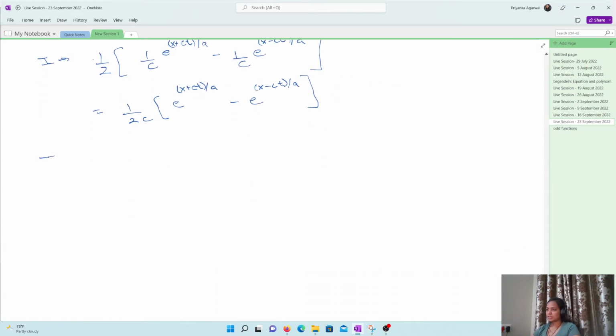And the second case, when x is between minus ct and plus ct, in this case the function will become 1 by 2.